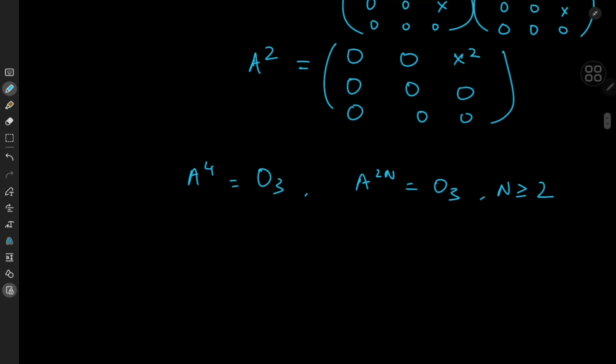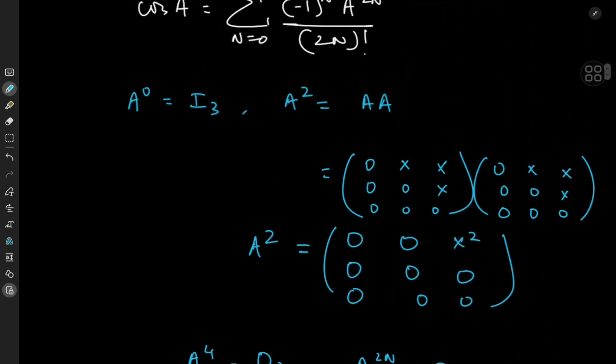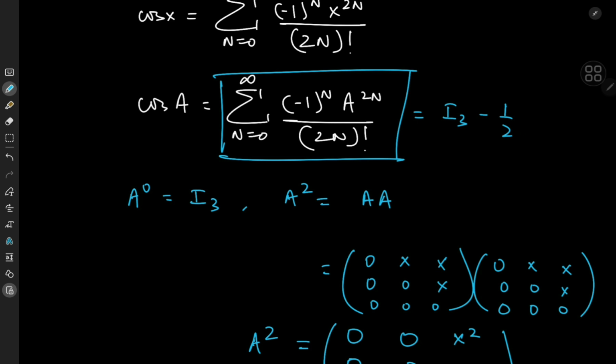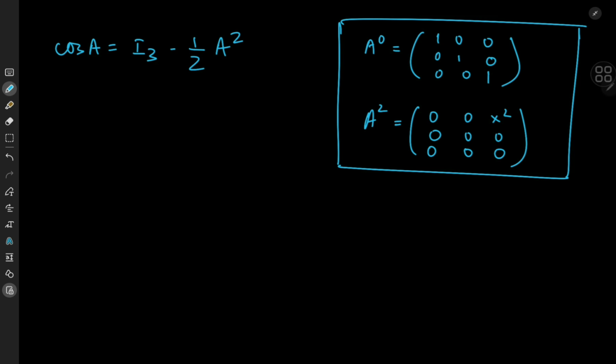So that means we're only interested in 2 terms for the infinite series expansion here on the right-hand side. That's A to the 0 and A squared. So expanding the right-hand side for the given matrix gives me A to the 0, that's I sub 3, minus 1/2 of A squared.